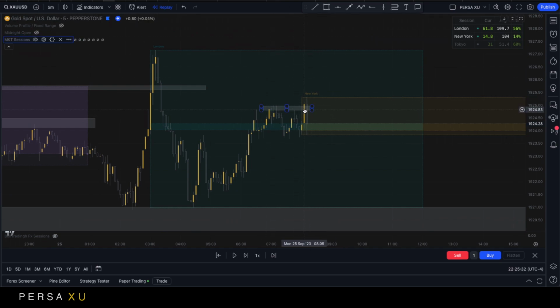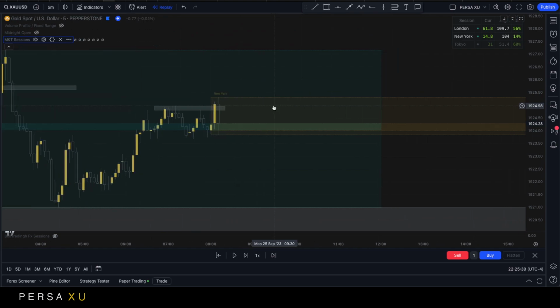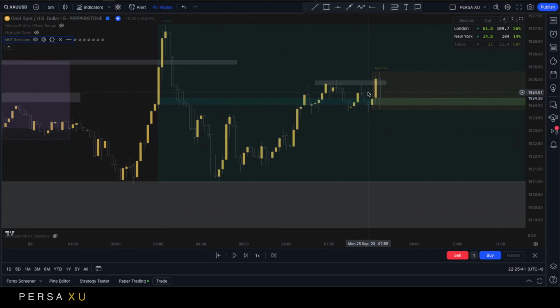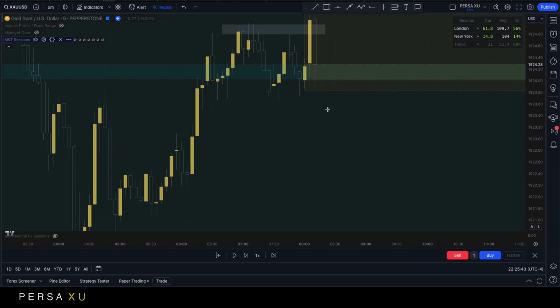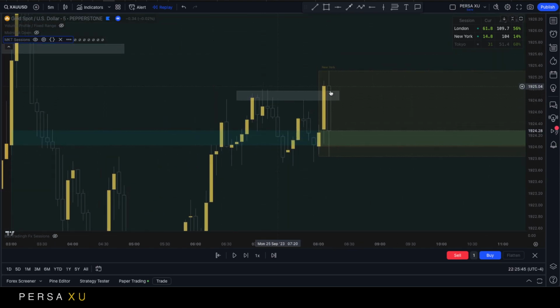The fact that even the wick crossed this resistance, I'm gonna zoom in as much as I can. I know you guys can see this, but the fact that the market when it opened made that big push to the upside and it traded into and past these wicks already is an intention of it wanting to go a little higher. What am I going to wait for and study?